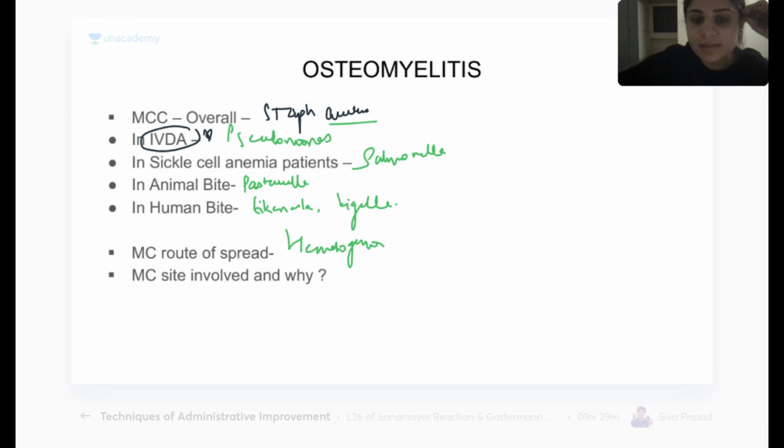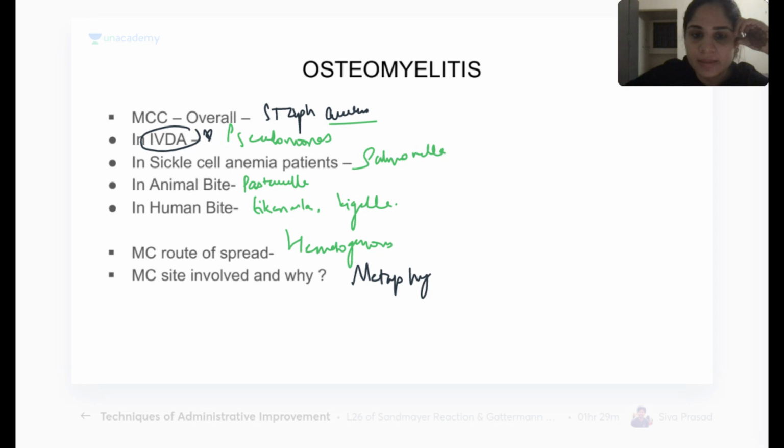Amongst the diaphysis, epiphysis, metaphysis, what is the most common site involved in osteomyelitis and why? Metaphysis, very good. Why is the metaphysis most commonly involved? Because your metaphysis is very vascular, that is the first thing, and it has hairpin loop bends, so it has very bent vessels.